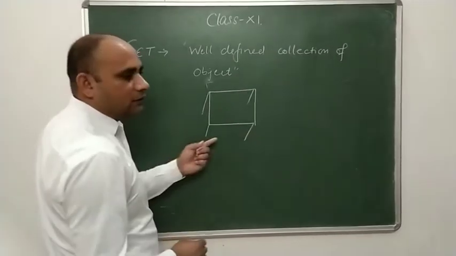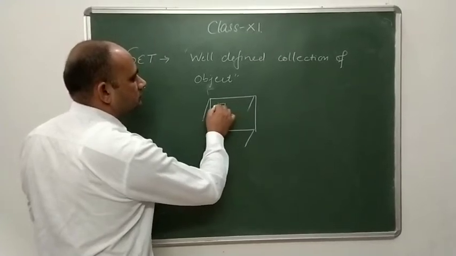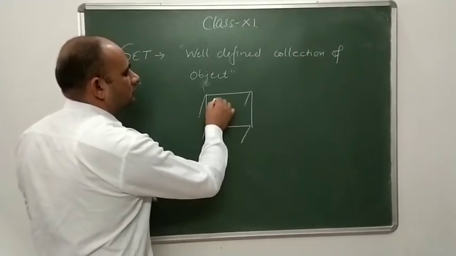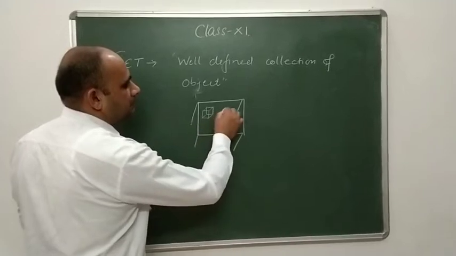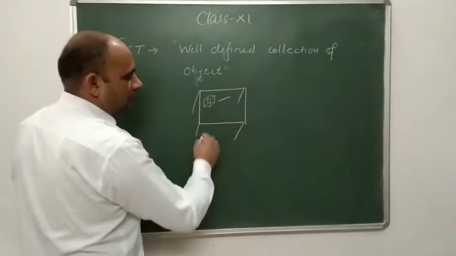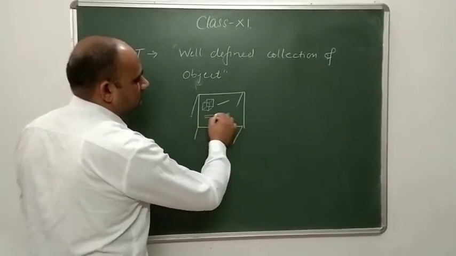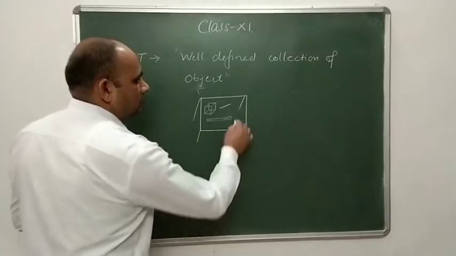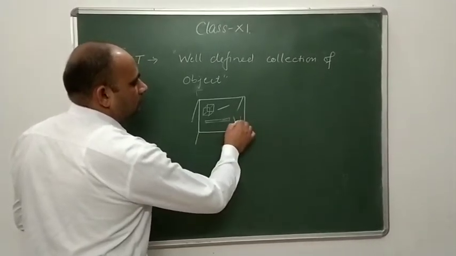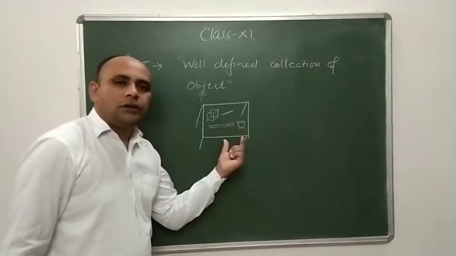or on a table one book, one box, one pen, okay, and one scale, one glass of water.